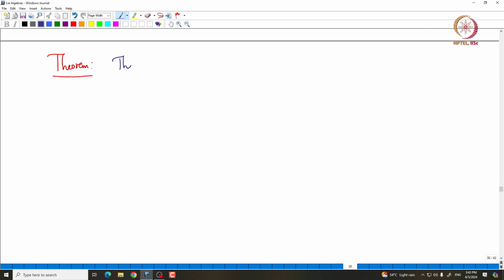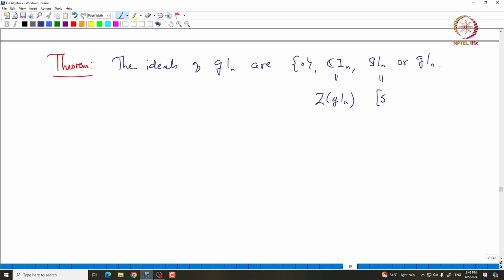The ideals of GLN are 0, identity, SLN or GLN. So, these are the only ideals. Now you can see that this is nothing but the center and this is nothing but the derived algebra, and we do not have anything more.